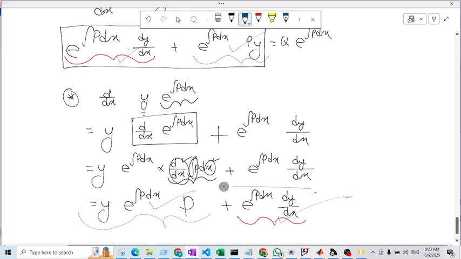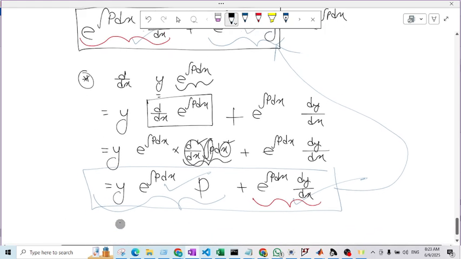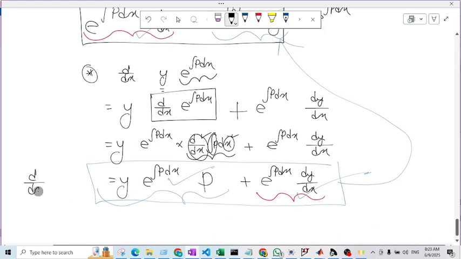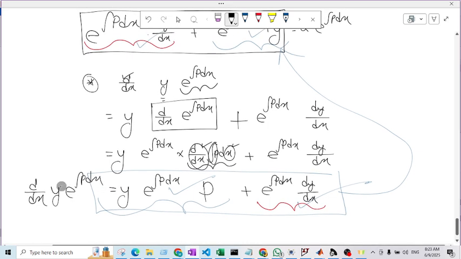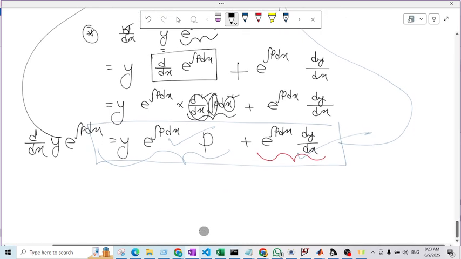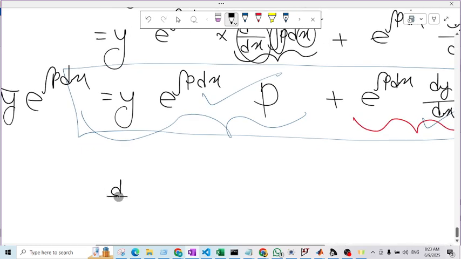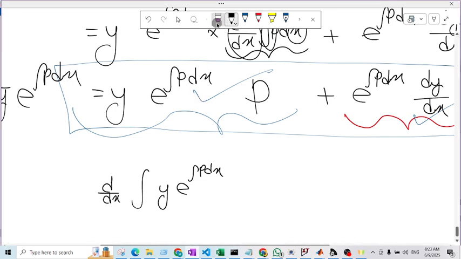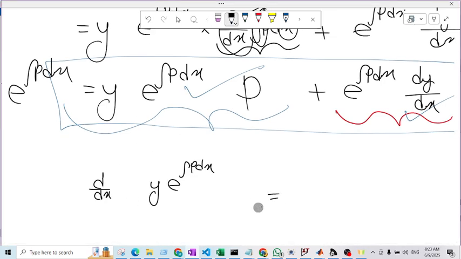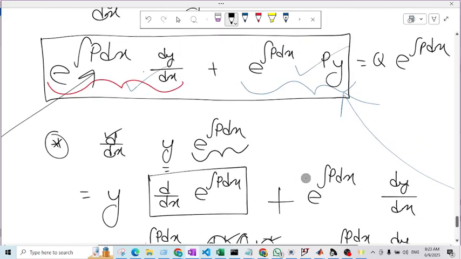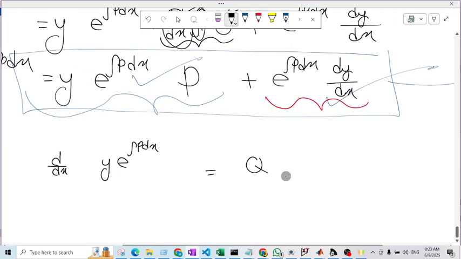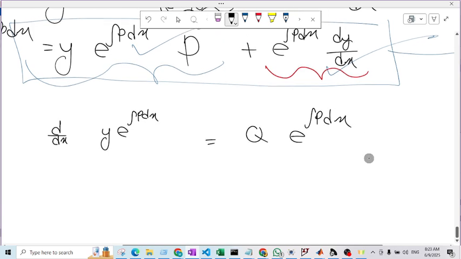That means the left hand side is nothing but d by dx of y e to the power integral p dx. So we can put this inside this box and write d by dx of y e to the power integral p dx is equal to q e to the power integral of p dx. And this is our formula.